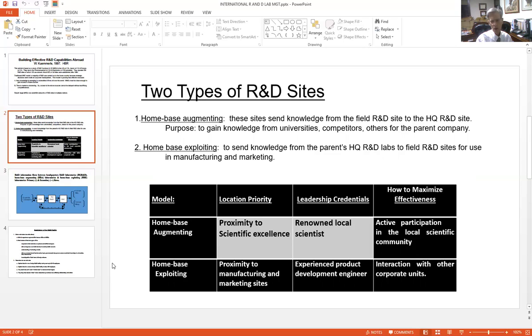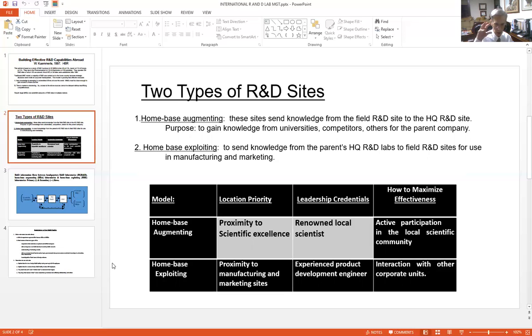Its purpose is to participate in one of those clusters or in a region where some particular knowledge or technology or category of technology is prominent and seems to be developing rapidly, where there are lots of new ideas.